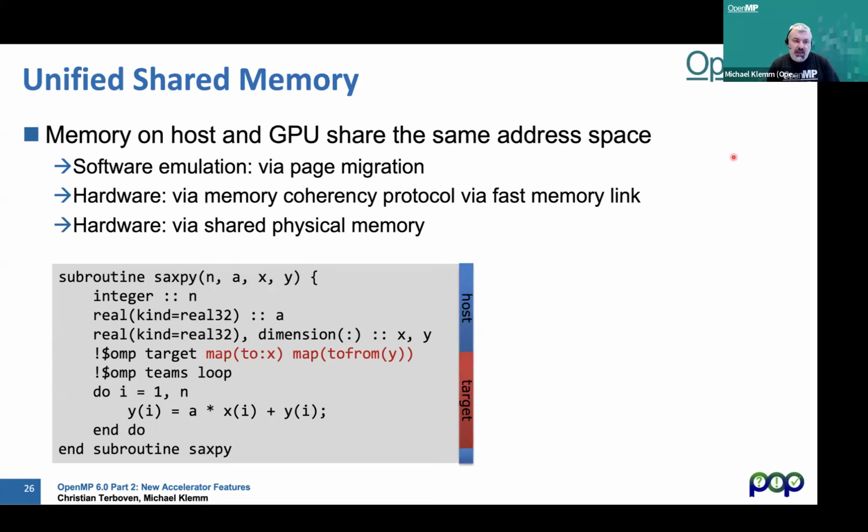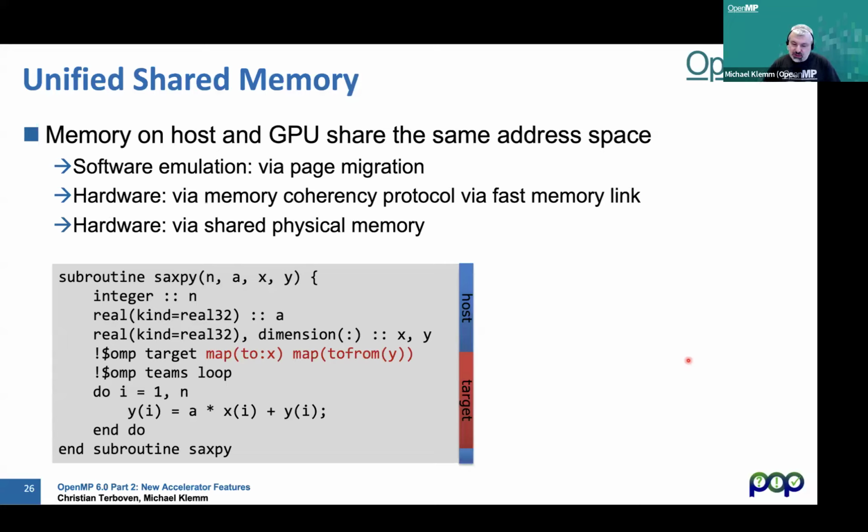One notable way is via a memory coherency protocol on a fast memory link. Think of this as being something like NVLink or Infinity Fabric for AMD GPUs, where there's this coherency link between the GPU memory and the CPU memory.